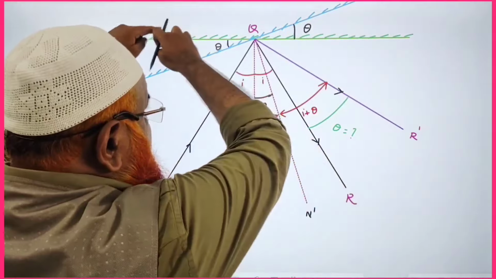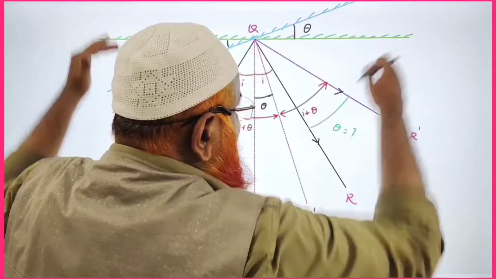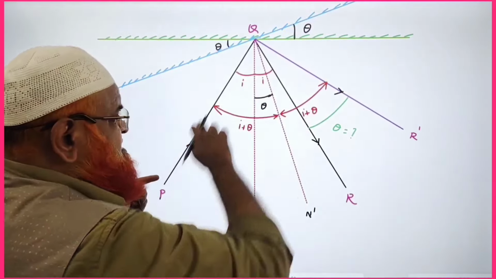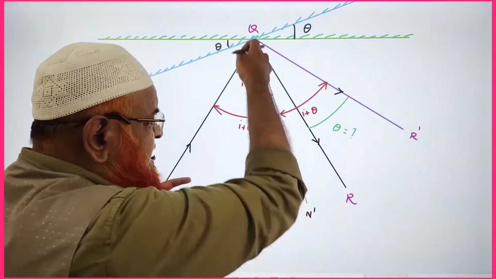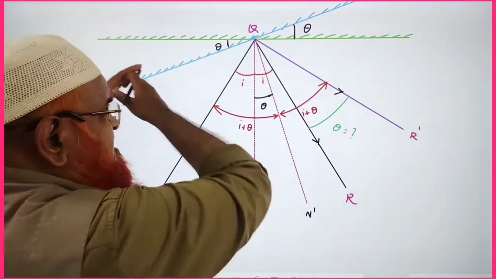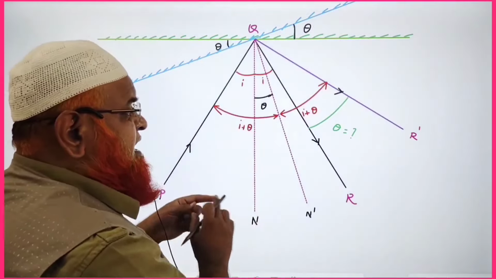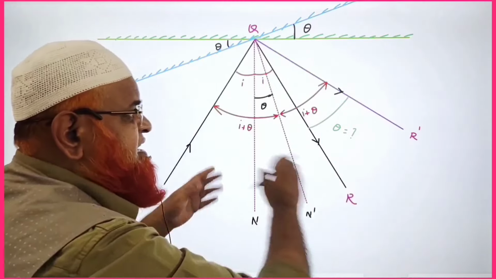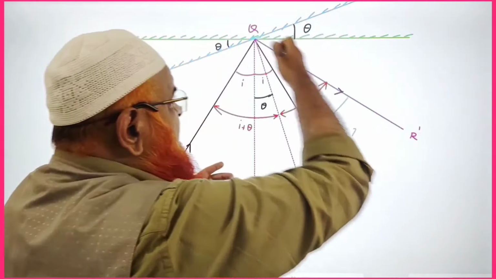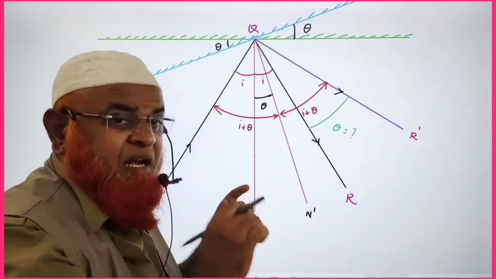That means when the mirror is in this horizontal direction, then this is the incident ray, this is the reflected ray, and this is the normal. But when the mirror has been tilted through an angle theta, then instead of this light ray, you will get this light ray, and the normal is not n now.